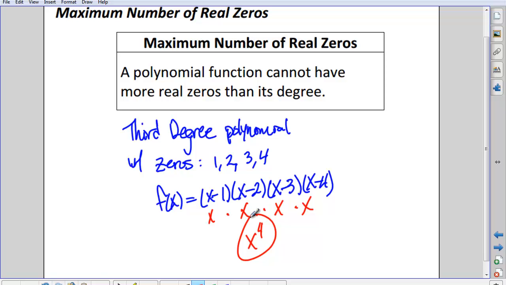So you could have a situation where you have like a third degree polynomial that only has 1 real zero. And if we chase that idea a little bit further, we end up getting into section 5.6, which delves into complex zeros and imaginary numbers, and we'll get there soon enough. But for now, just know that you can't have more real zeros than your degree. Okay, pretty simple.